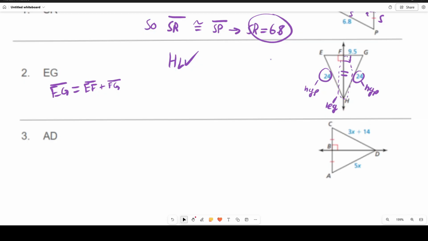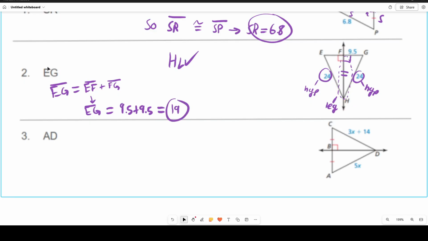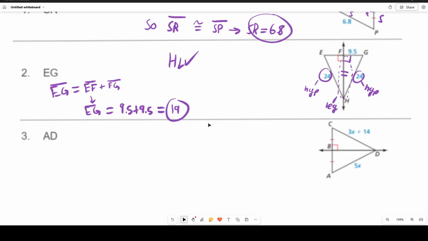If we know that these two triangles are congruent, then EF equals FG. So that means EG is going to be equal to 9.5 plus 9.5, which is equal to 19. So then EG equals 19. That's what the question asked us to solve, and that's what we solved for.